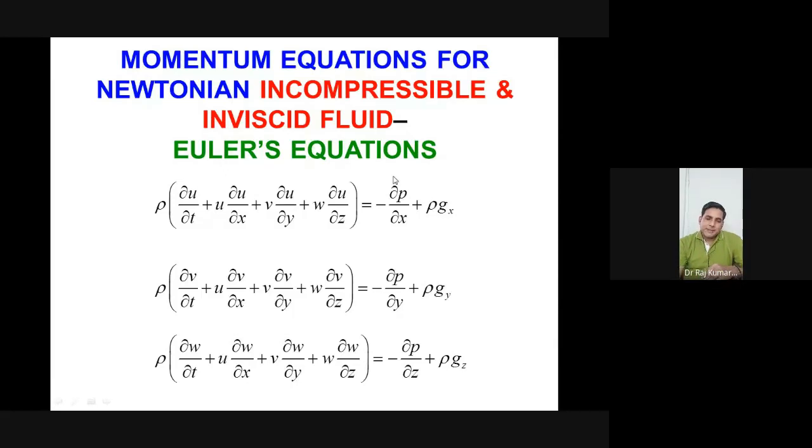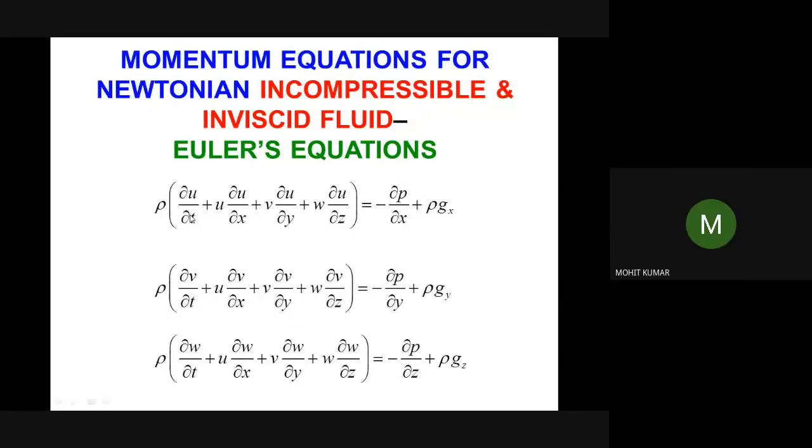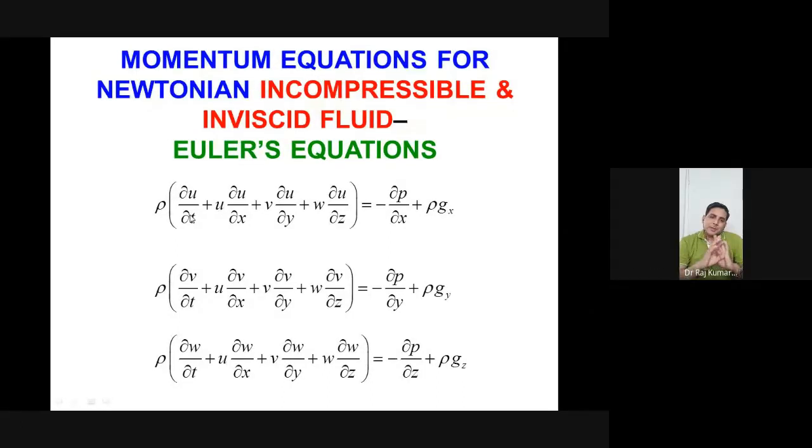Now, if I change something here further, if I make it steady state, what will happen in that case? If I make it steady state, this first term will get cancelled.